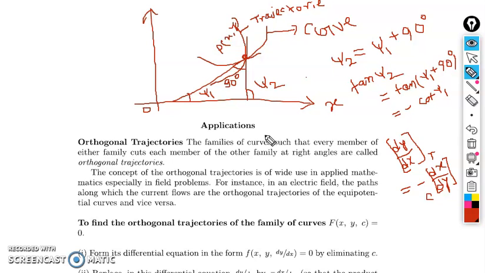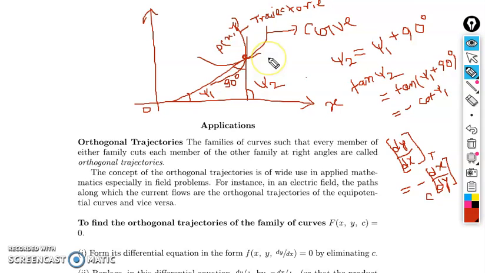Then this family of curves which cuts the given curves orthogonally is known as the family of trajectories of the given curve. Here we consider a single curve: a curve that cuts the given curve at 90 degrees is known as the trajectory of the given curve. How can I find the trajectory? That will be explained after a few minutes.